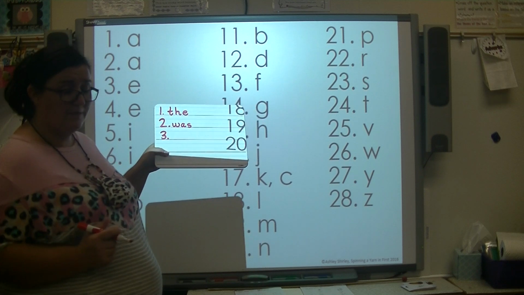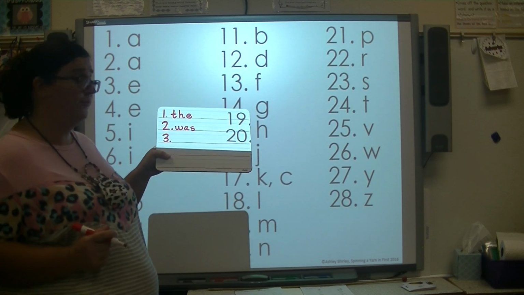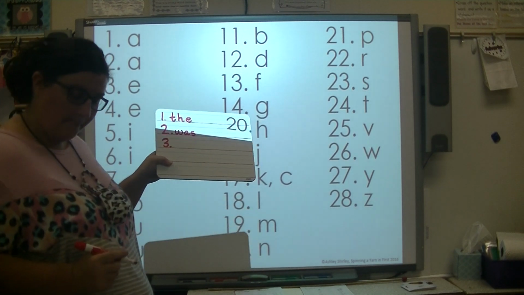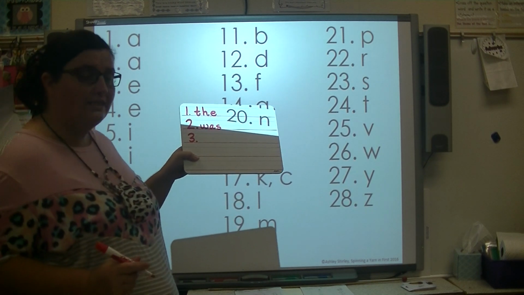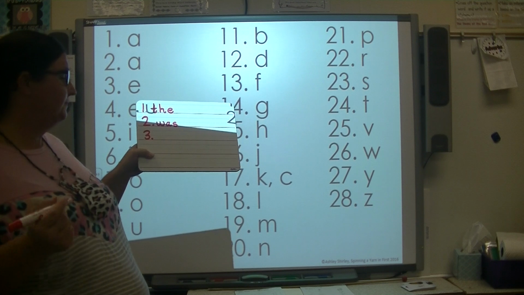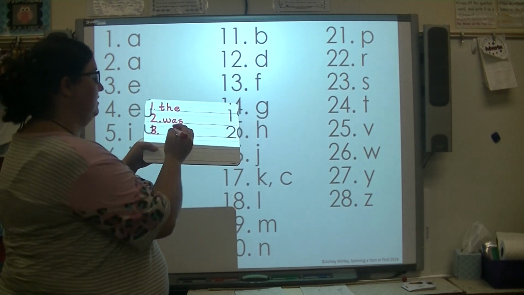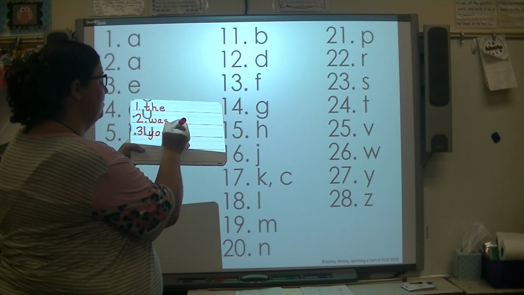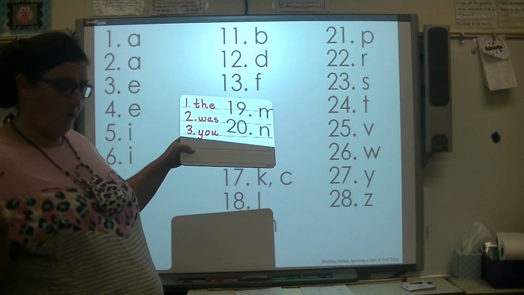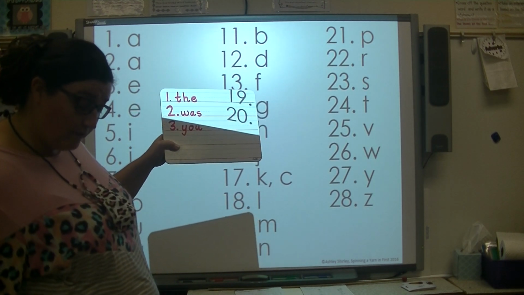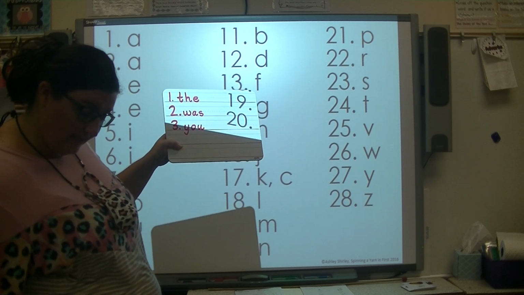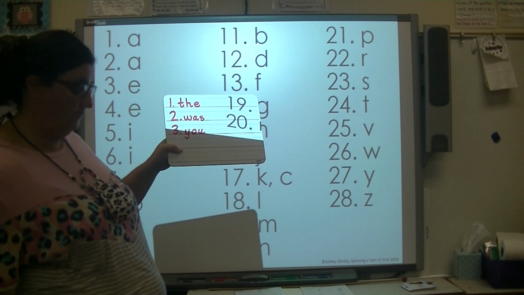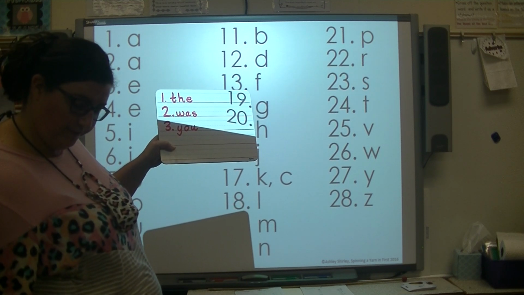You. Spell the word you on your paper on number 3. All right, spell it out loud. Get ready. Yes, you is Y-O-U. Check your work. You. If you've spelled it incorrectly, erase it and check your work.